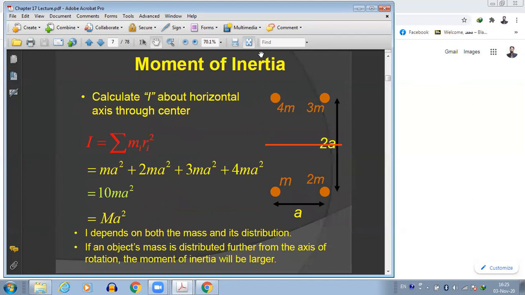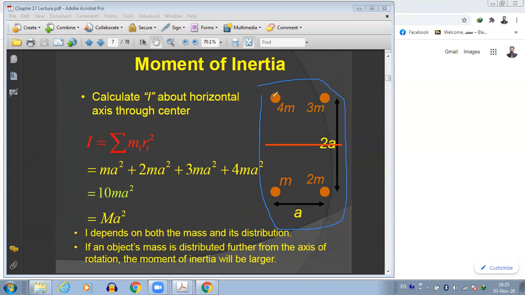So suppose I have a body like this, and this body has discretely distributed mass. Let's say m mass is here, 2m mass is here, 3m mass is here, 4m mass is here. If I need to find the moment of inertia about this axis, then it will be summation m_i r_i squared.